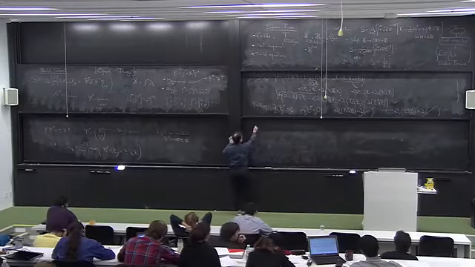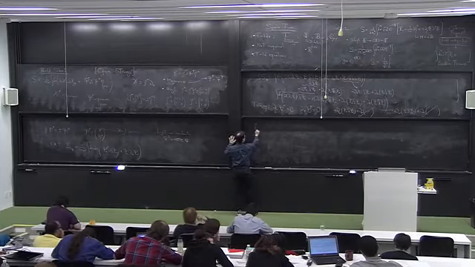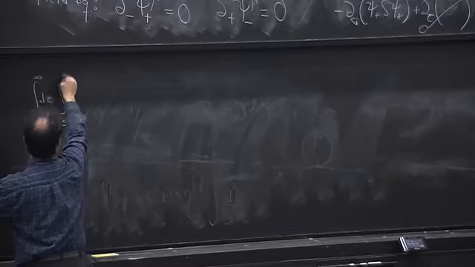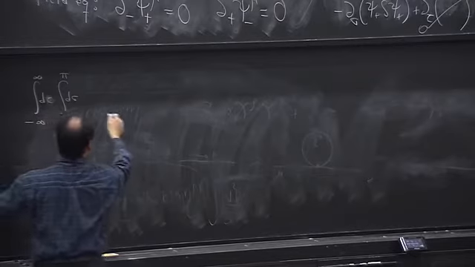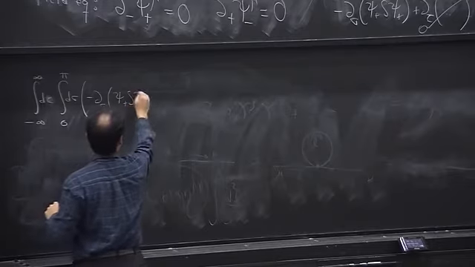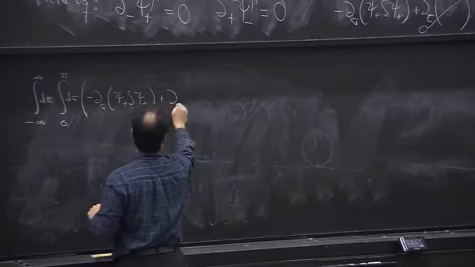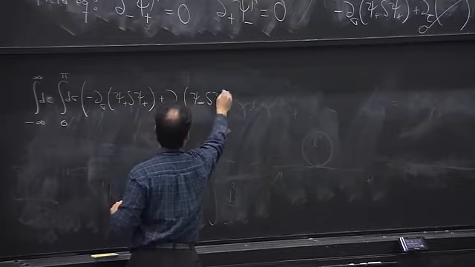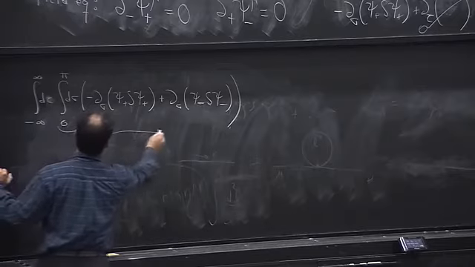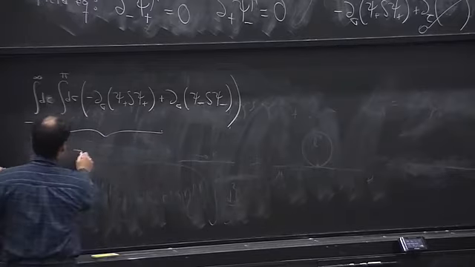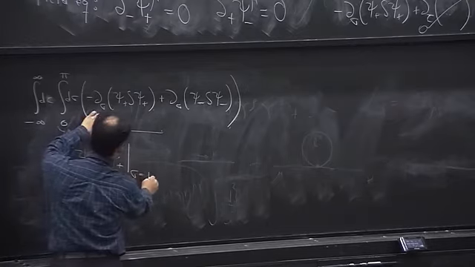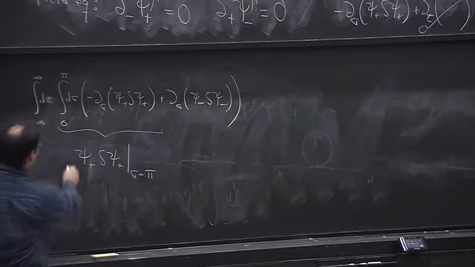So the boundary terms will look like an integral from minus infinity to infinity d tau, integral from 0 to pi d sigma of the derivative with respect to sigma, psi plus delta psi plus, plus the derivative with respect to sigma, psi minus delta psi minus. So this gives us psi plus delta psi plus evaluated at sigma equals pi with a minus sign.